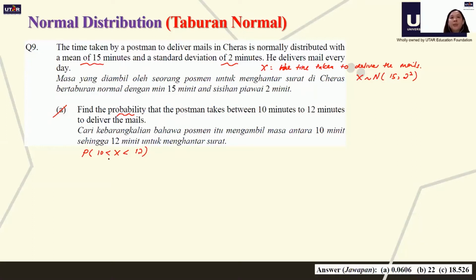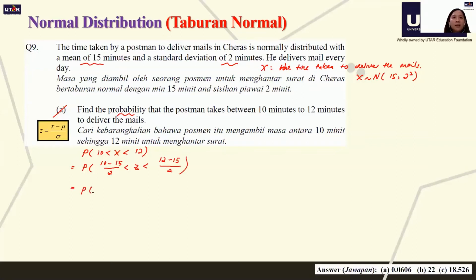As we say, the X is just a general one. We always have to convert this into the z distribution. We have 10 minus the mean. Remember the way of conversion: minus the mean, which is 15, then divide by the standard deviation, which is 2. Once I write these notations, X changes to Z. So I have 12 minus 15 over 2.